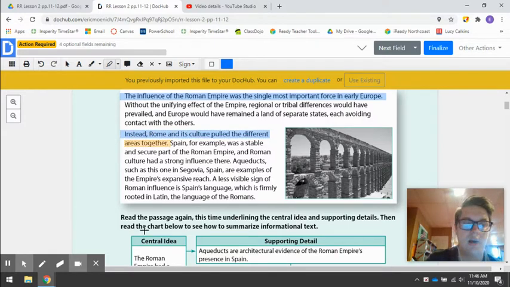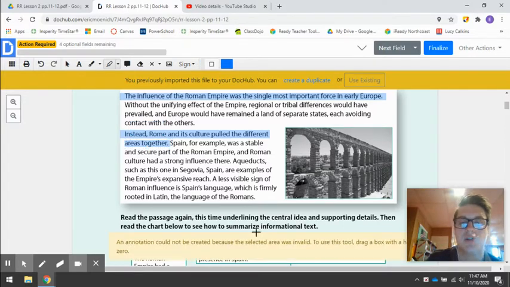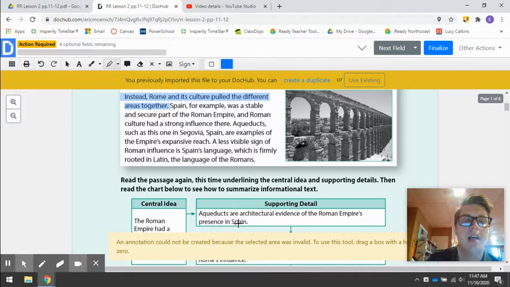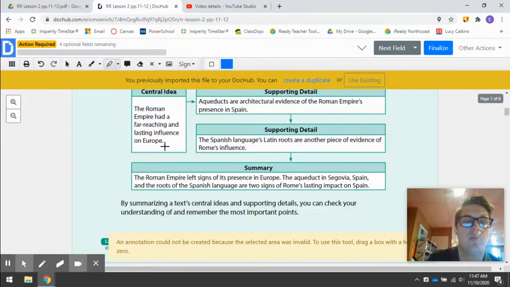But let's scroll down. It says, read the passage again, this time underlining the central idea. Oh, look, I just did that. And some supporting details. Then read the chart below to see how to summarize the text. So I just highlighted the central ideas, but let's see what it tells us about the supporting details here in this chart as I scroll down. So the central idea that they came up with is that the Roman Empire had a far-reaching and lasting influence on Europe, right?